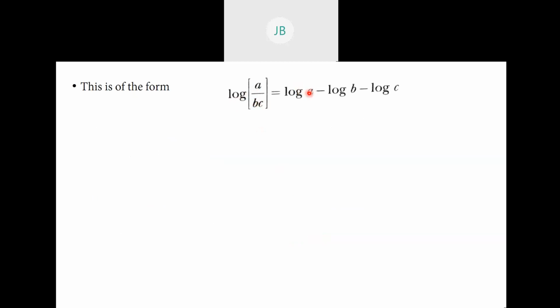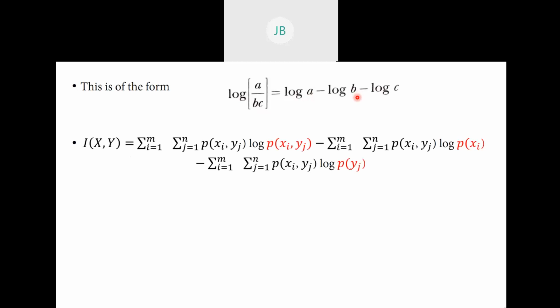That is nothing but log of a minus log of b plus log of c; since we have a minus sign here, that becomes minus log c. So this is the simple logarithmic relation: log of a by b is log of a minus log of b.